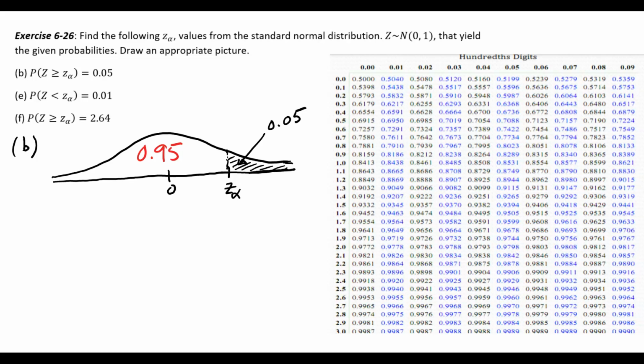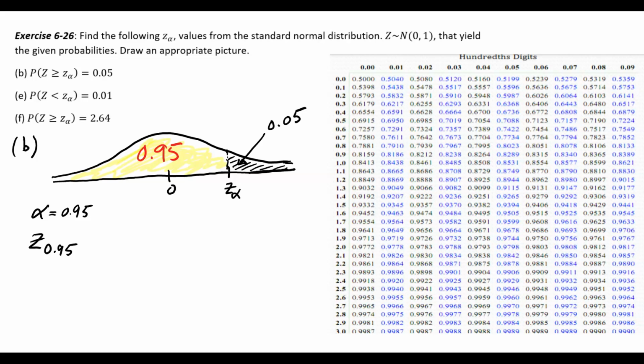So remember, the normal distribution table gives us the area under the curve that's to the left of the z-score. So when I'm looking at the table, those probabilities are giving me the area that's inside here. So the alpha that I am looking for is going to be 0.95, which tells me I need to find the z-score that's associated with 0.95 as the probability.